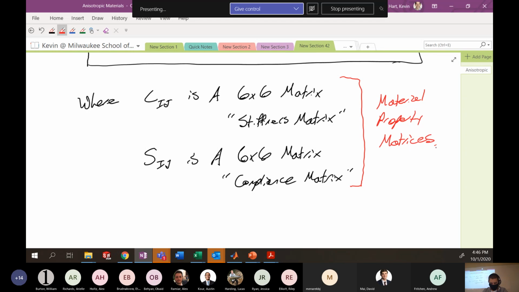We're going to talk about how we construct these matrices to represent stress and strain in a composite, by thinking about how we eliminate entries for planes of symmetry, planes of isotropy, and so on.